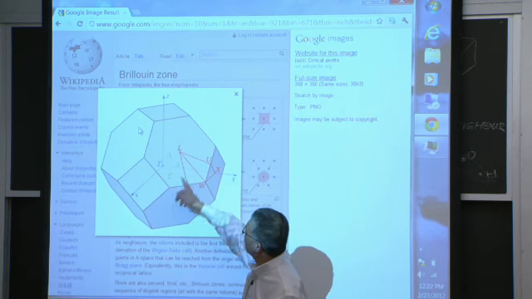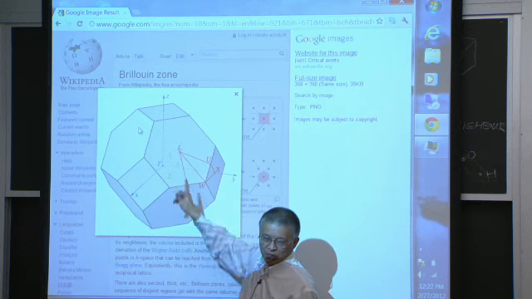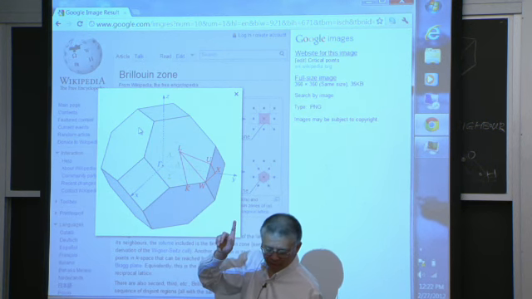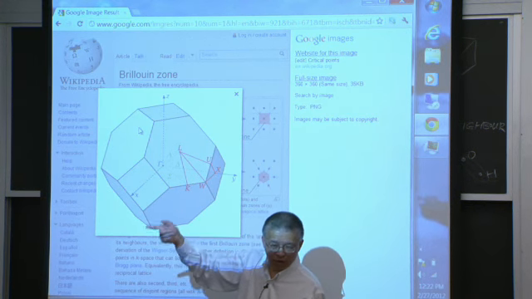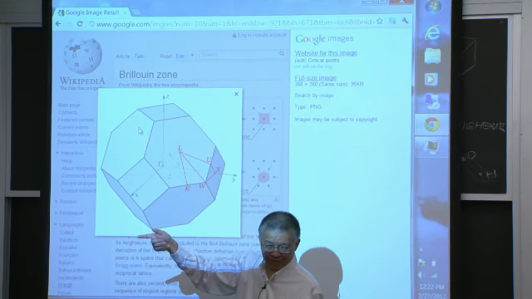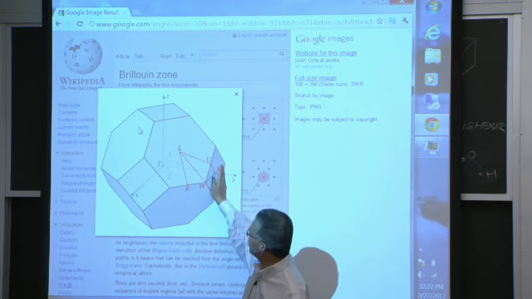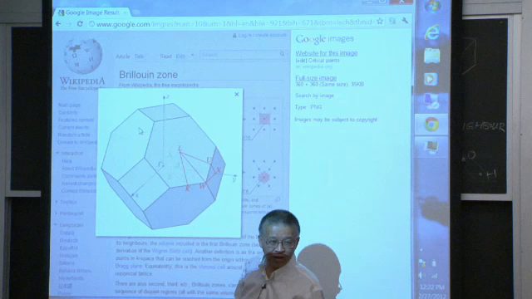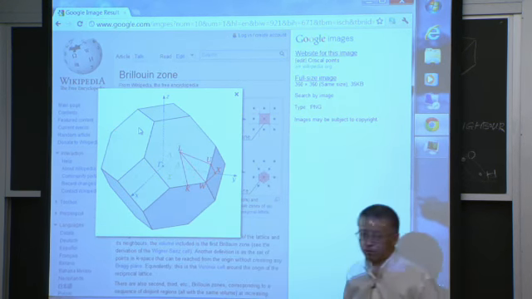The way I look at this, 1, 1, 1 is the longest distance in real space, and the inverse is the shortest distance. So that's the 1, 1, 1 direction. This is the 1, 0, 0 direction, the longest distance, right? And so those are the very complicated reciprocal spaces.